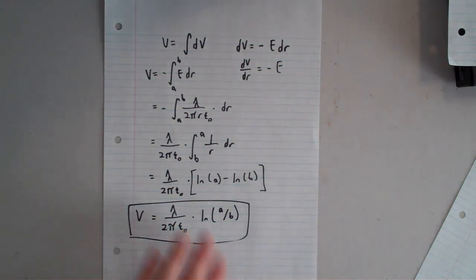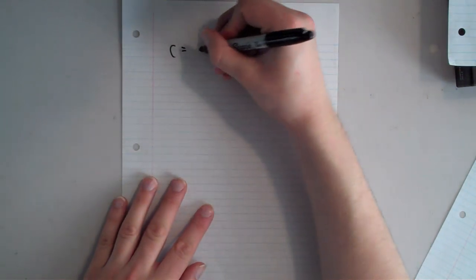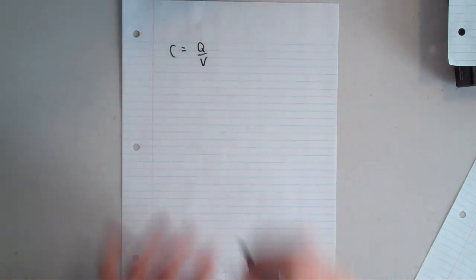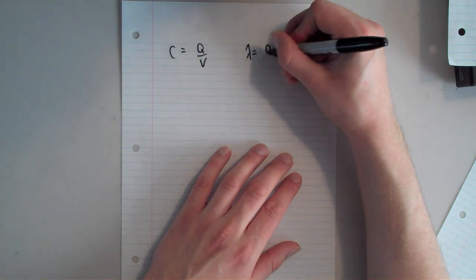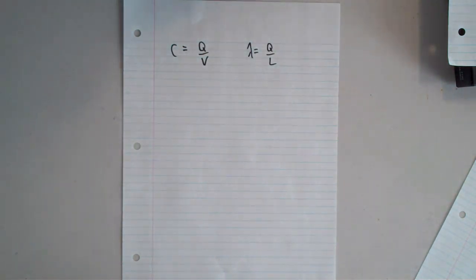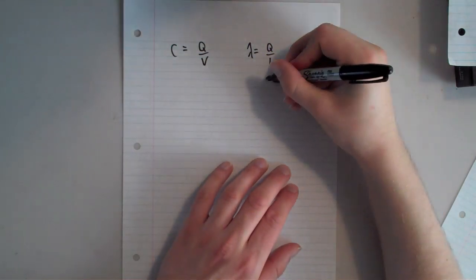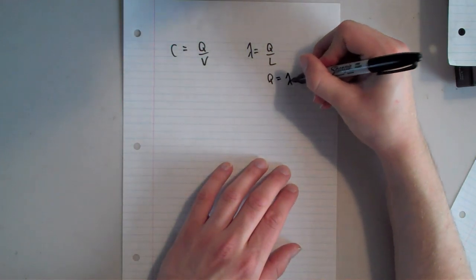Now finally, we're going to go to step 3, which is to find the actual capacitance using the equation C equals Q over V. I'm going to go back to this lambda equals Q over L equation, and instead of Q, I'm going to plug in Q equals lambda times L. And for V I'm going to plug in the expression that we just got.